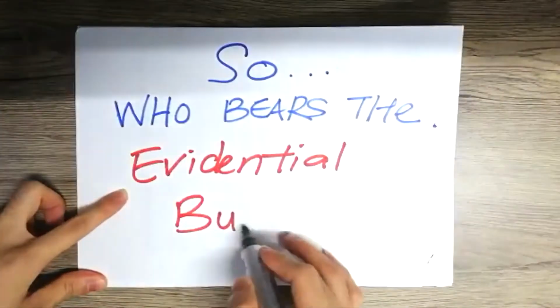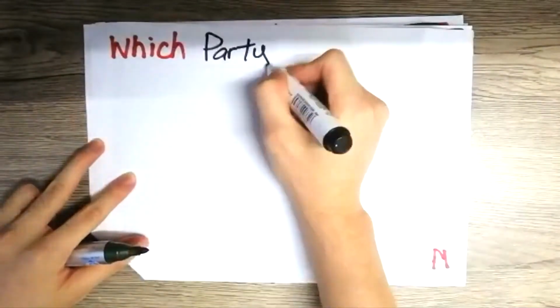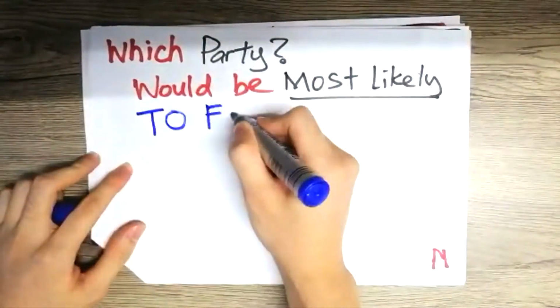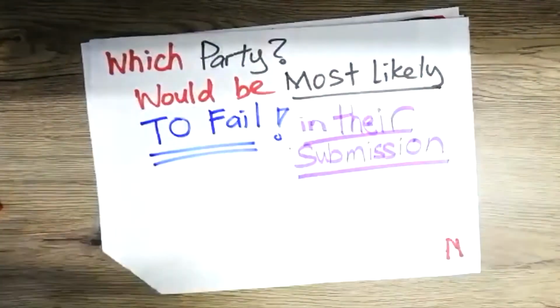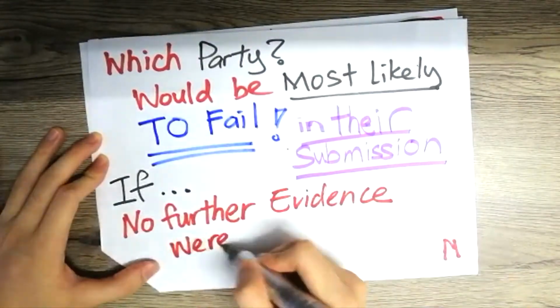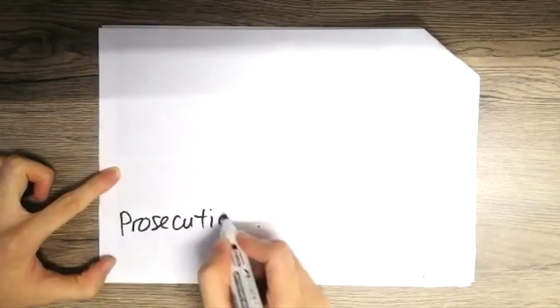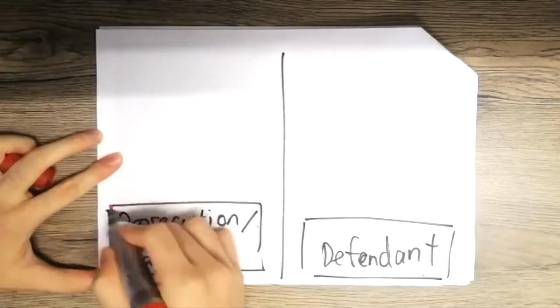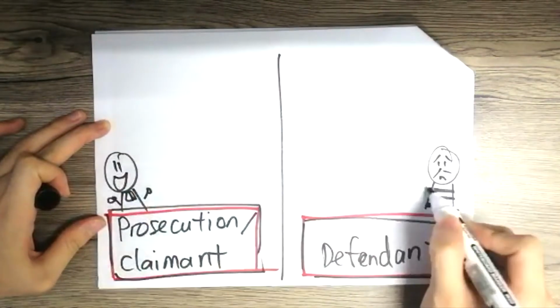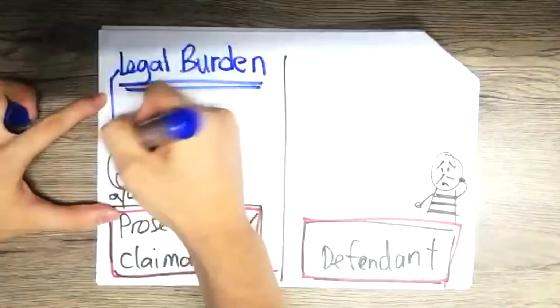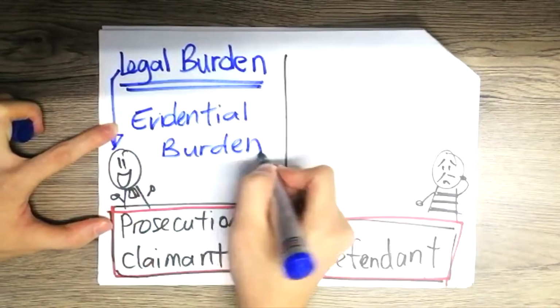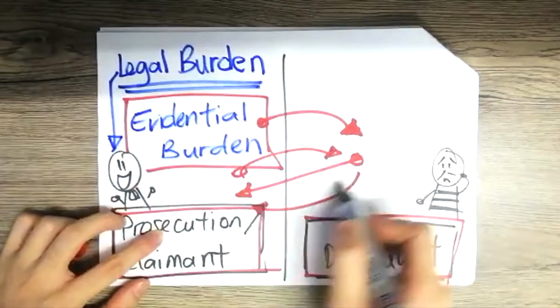So, who will bear the evidential burden is determined by which party would be most likely to fail in their submission about that particular issue if no further evidence were adduced. Thus, the legal burden always sticks on the shoulder of the prosecution, while the burden to introduce evidence may shift between the parties.